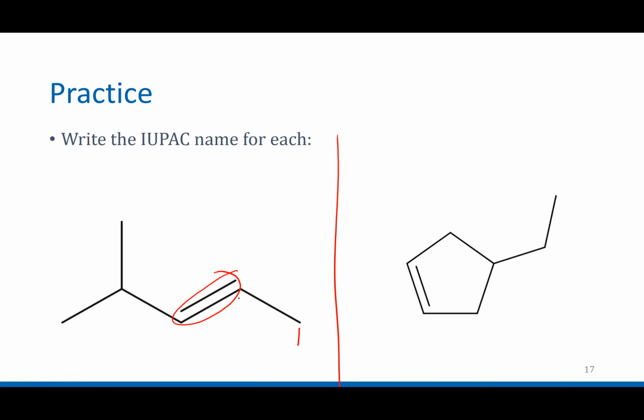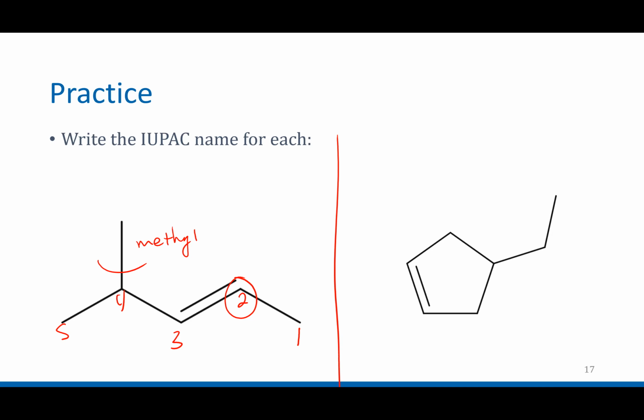So 1, 2, 3, 4, 5. There we go. That looks a lot better. Okay, so on the second carbon, I have my alkene. On the fourth carbon, I have my methyl. All right, I mean, that's it.